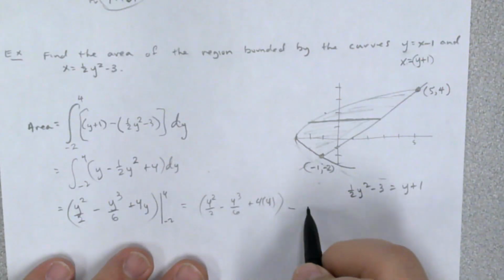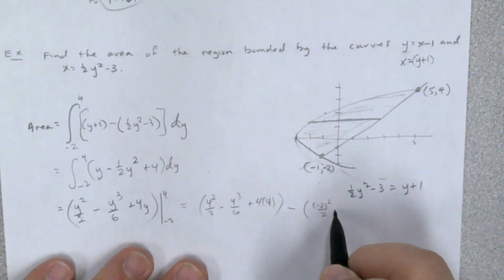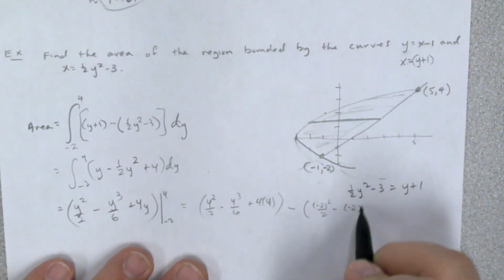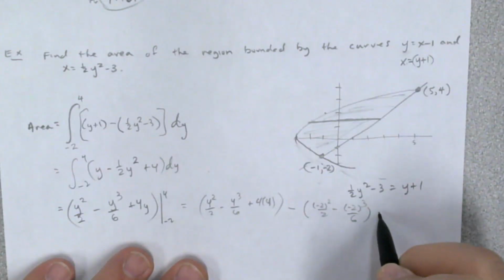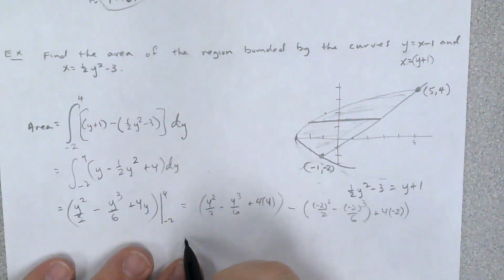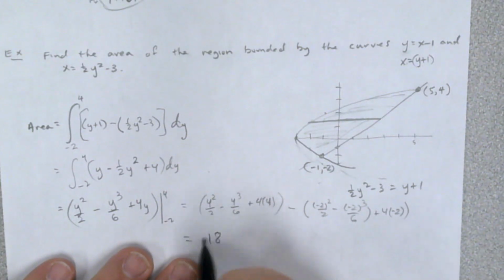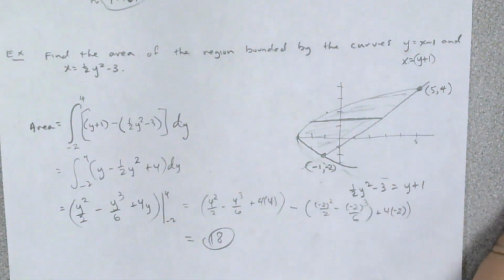Minus the lower: -2 squared over 2, -2 cubed over 6, and 4 times -2. And then you can work all this out and get your answer here, and when you do, you should get 18. Okay?